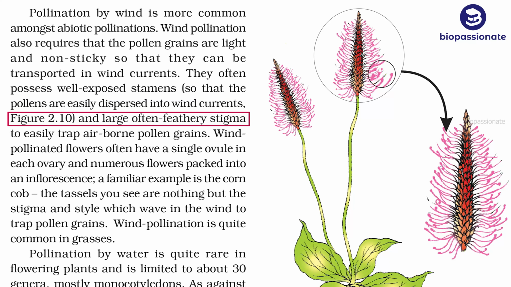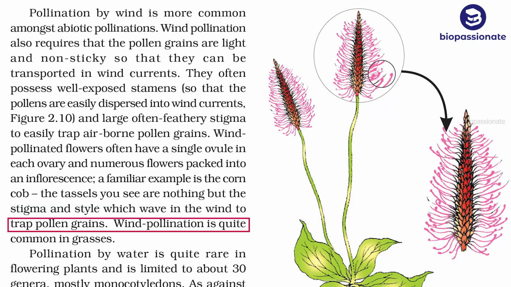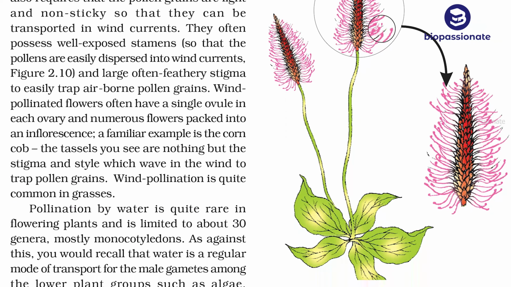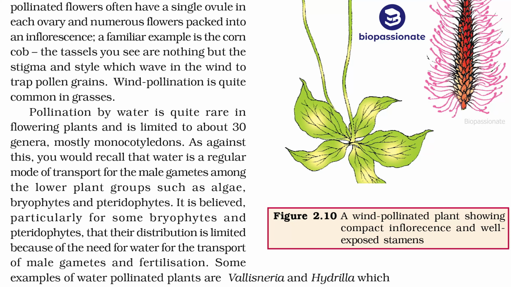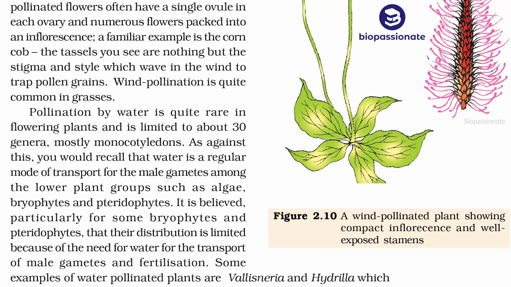Wind-pollinated flowers often have a single ovule in each ovary and numerous flowers packed into an inflorescence. A familiar example is the corncob. The tassels you see are nothing but the stigma and style which wave in the wind to trap pollen grains. Wind pollination is quite common in grasses. Figure 2.10. A wind-pollinated plant showing compact inflorescence and well-exposed stamen.